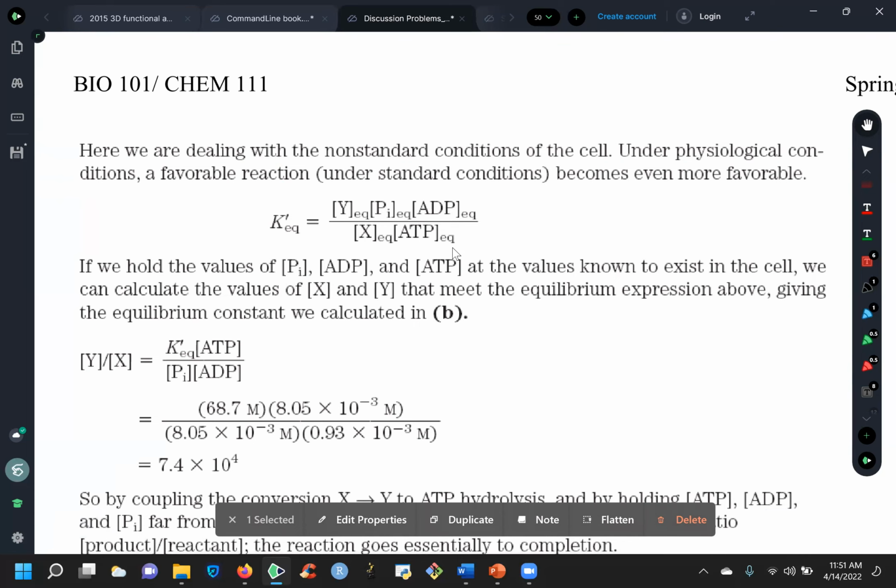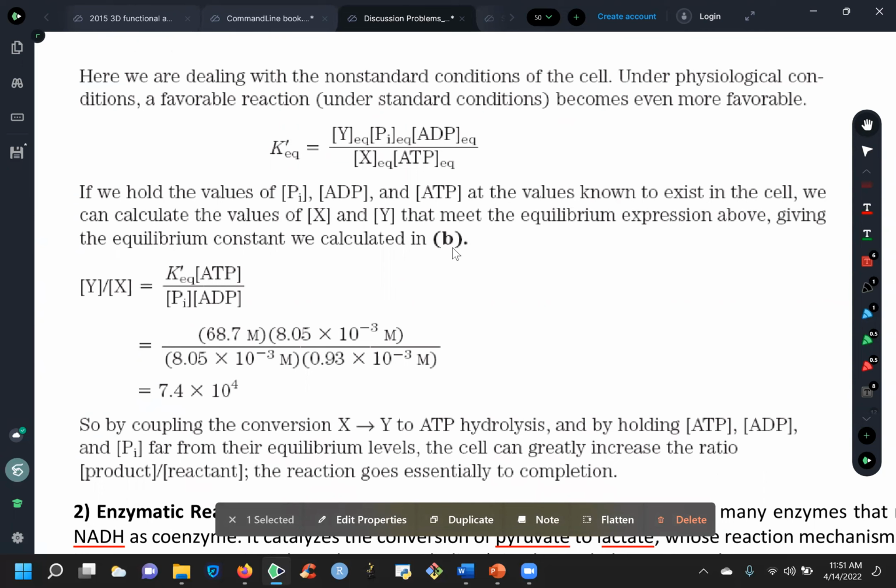The one thing that is hard here, and I recommend that you memorize this, is how they wrote this down.